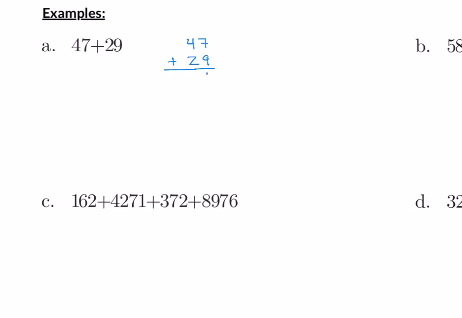So my 6, I'm going to bring down to the bottom. My 1, I want to carry to the next column. We're going to add that 1 with the other digits. So we get 1 plus 4 is 5, plus 2 is 7. So our final answer is 76.